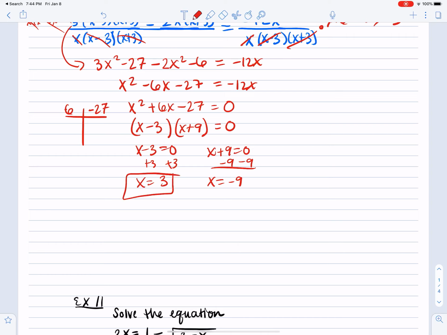And those are our two answers. x equals negative 9 and x equals positive 3. Okay, you can always plug those back in and check your work, although that would be a lot of steps to fill out, but it should come out to the right answer.